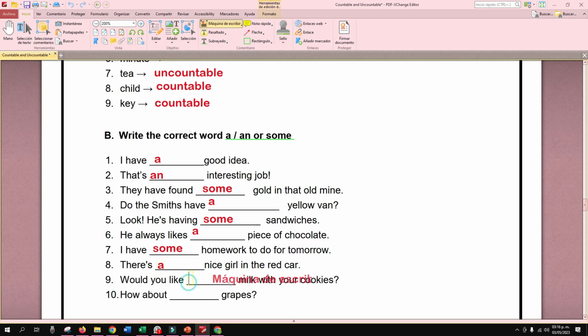Nine, would you like, right? In this case, you use some milk, right? Some milk with your cookies. And the last one, how about grapes? So how about some grapes? Remember that we're going to use some when we ask or when we offer something, right? So how about some grapes, right?